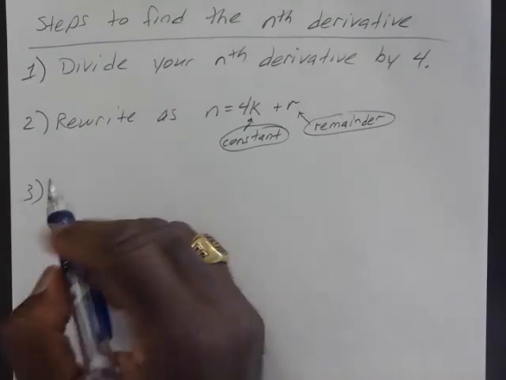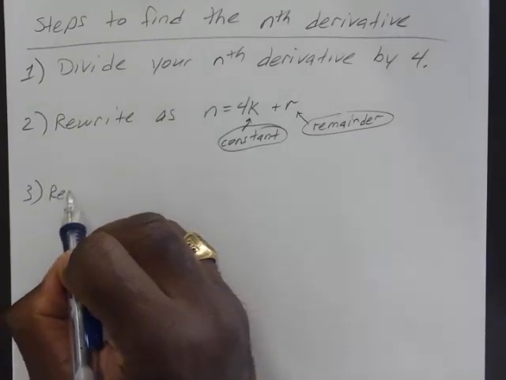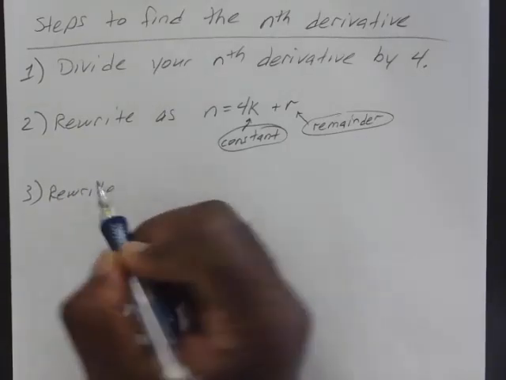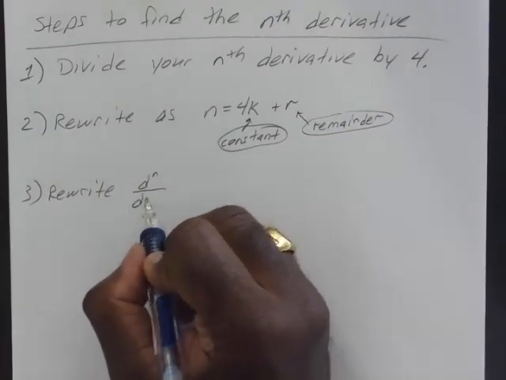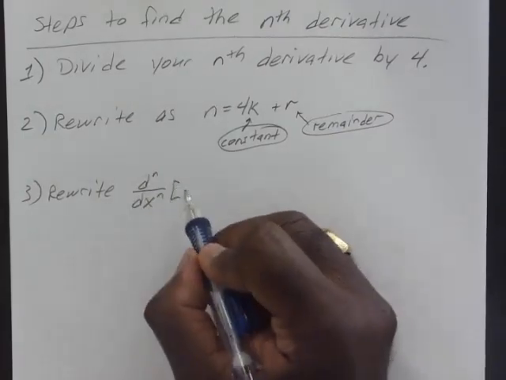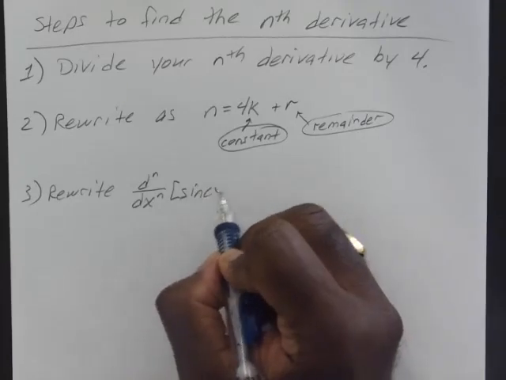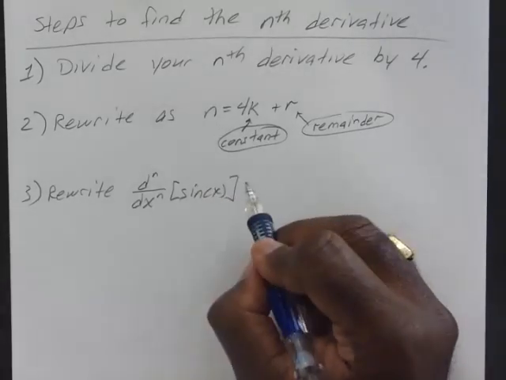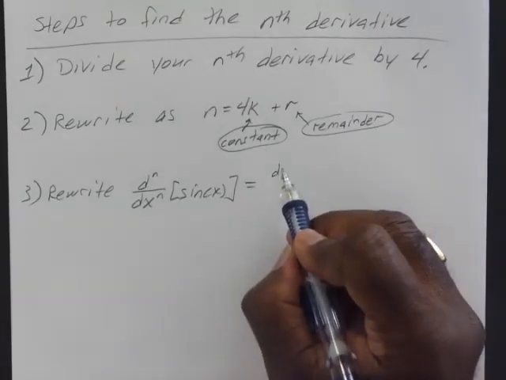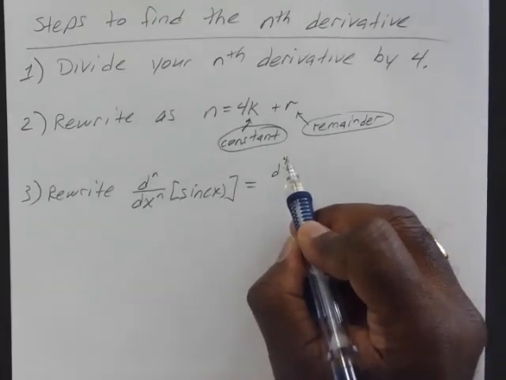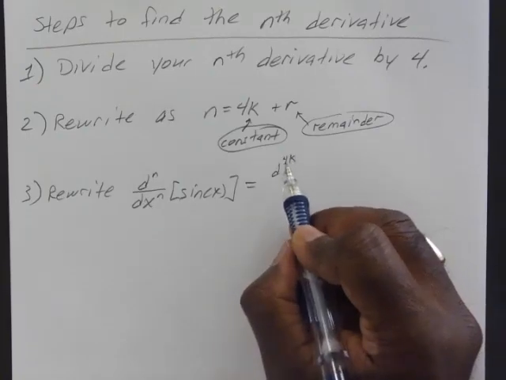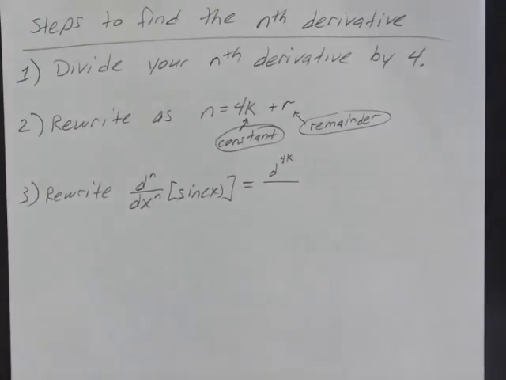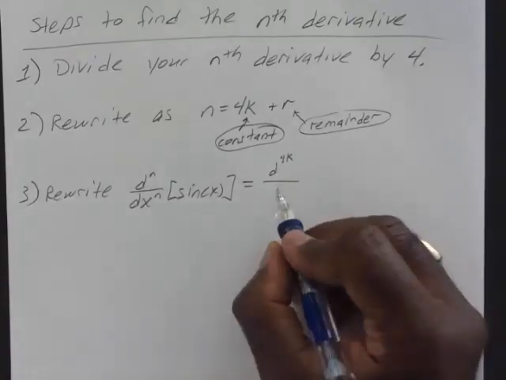Okay, so you're going to rewrite your nth derivative of sine of x as the derivative of 4 times some value k, because we know that every fourth interval or iteration, it becomes sine of x.